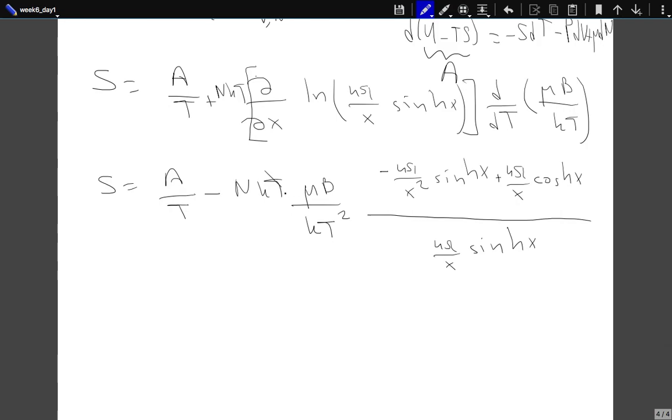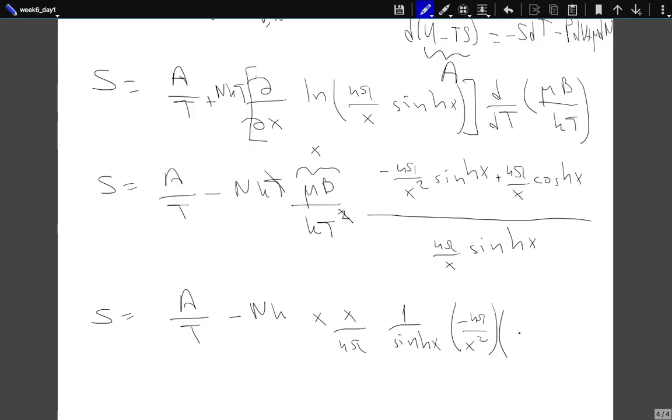Well, let's do some simplifications. This T will cancel this one, so what remains over here will be again just x. So S is A over T minus nkx times x over 4 pi, 1 over sine hyperbolic x, let me just take out the minus 4 pi over x squared.